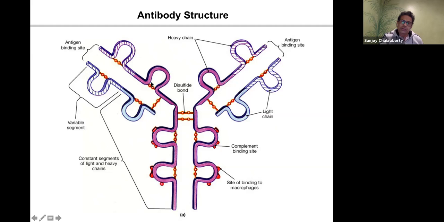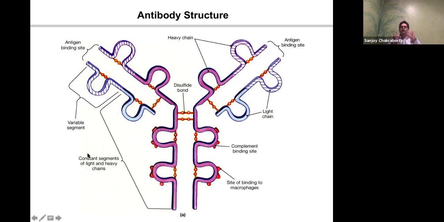If you pay attention to the antibody structure, the top part of both the heavy and light chains is the so-called variable segment. That means it's the part that varies in different antibodies. The bottom part of the light and heavy chains, which in this picture is solid color while the top is shaded, is called the constant segment.